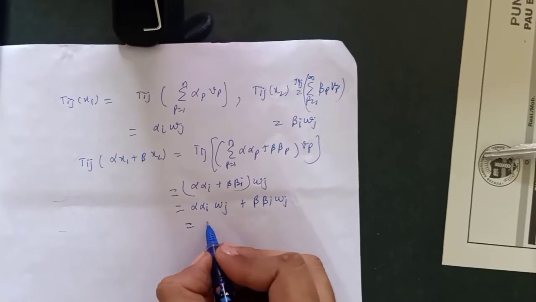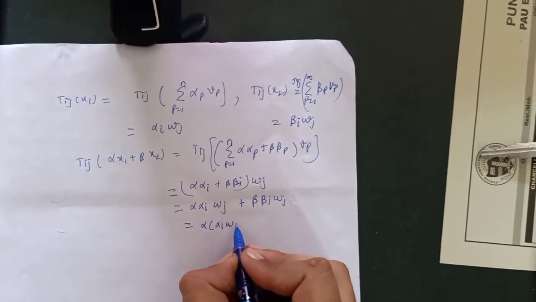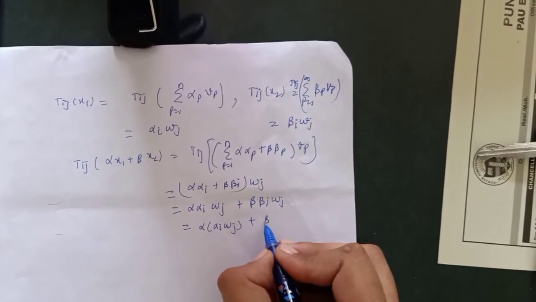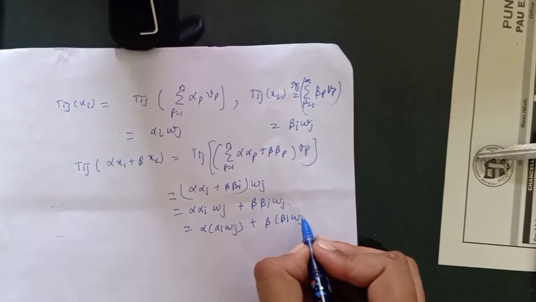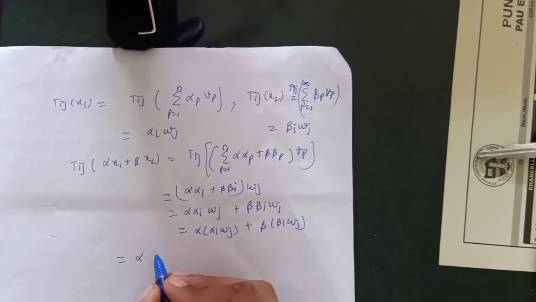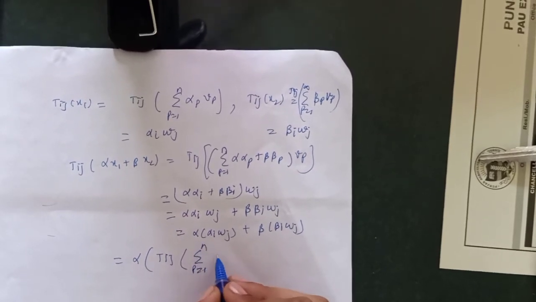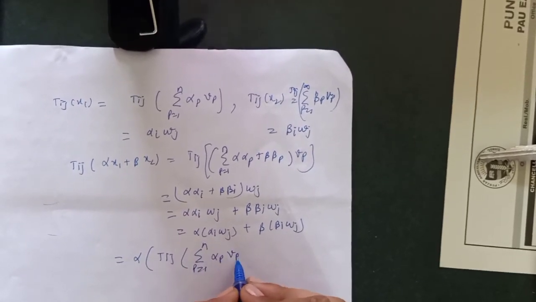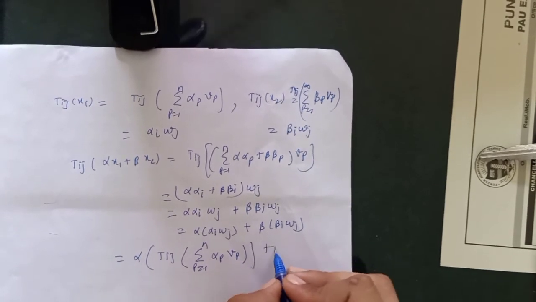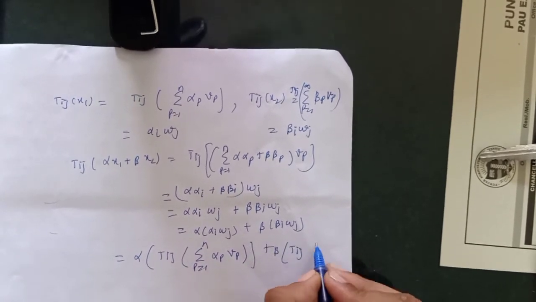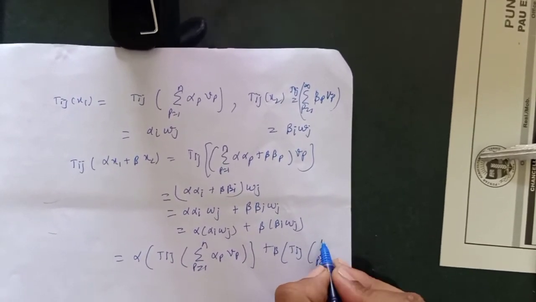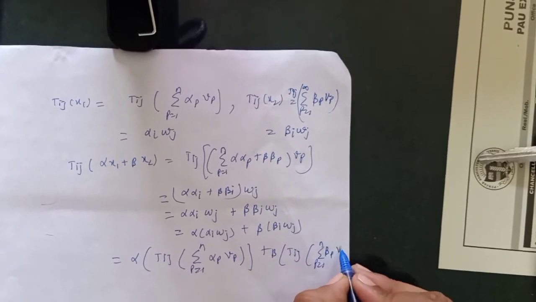So this is alpha Tij of summation p from 1 to n alpha p vp, plus beta Tij of summation p from 1 to n beta p vp.